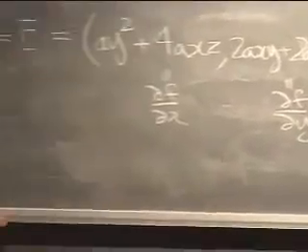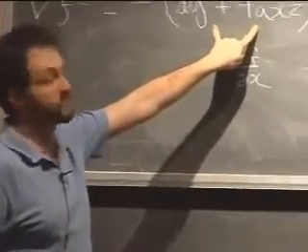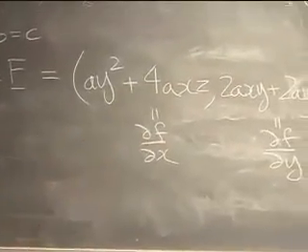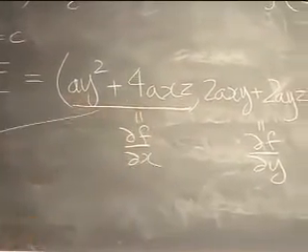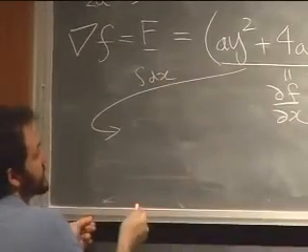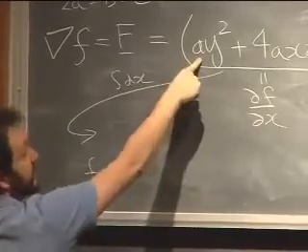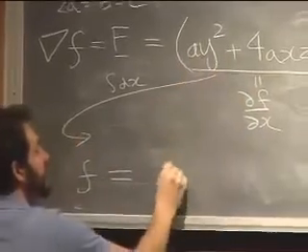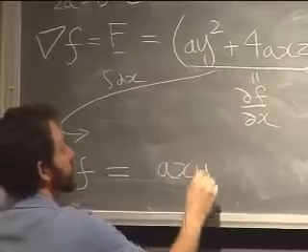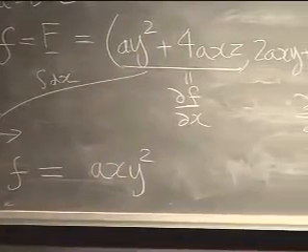So when I say compatible integration, I always take the x coordinate and integrate it first with respect to x. So take the x coordinate, integrate that with respect to x. And so we're going to start mapping out that f is equal to, I integrate this and I get axy squared, because when you integrate a constant with respect to x, you just get x.